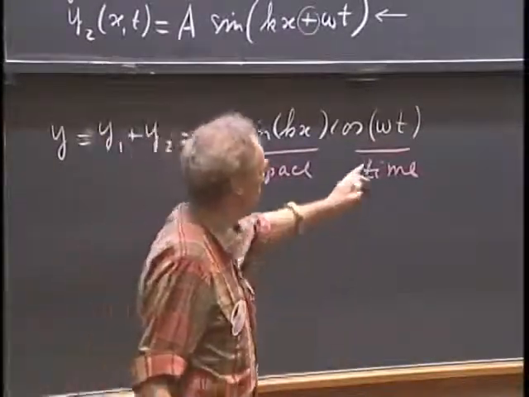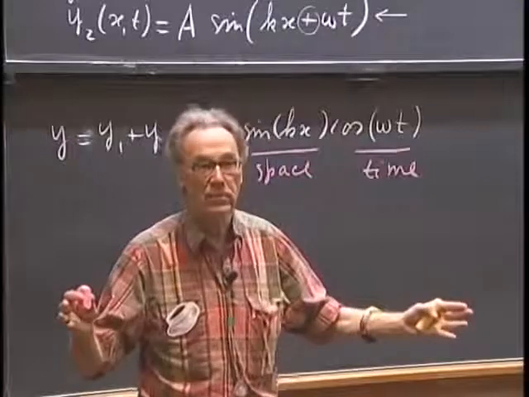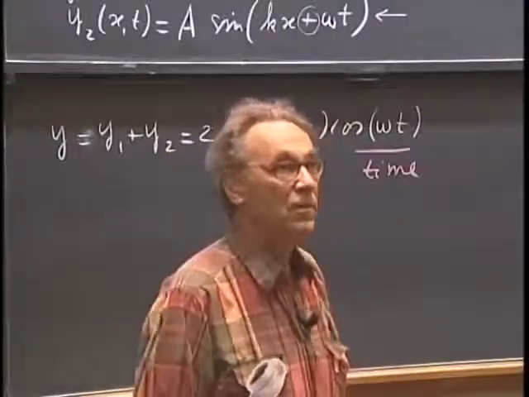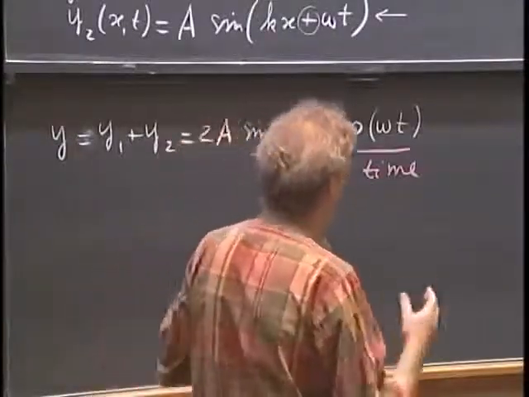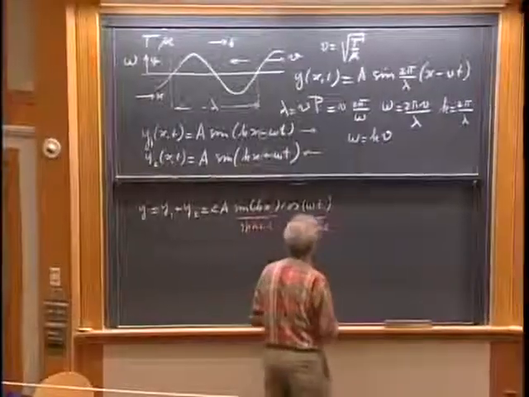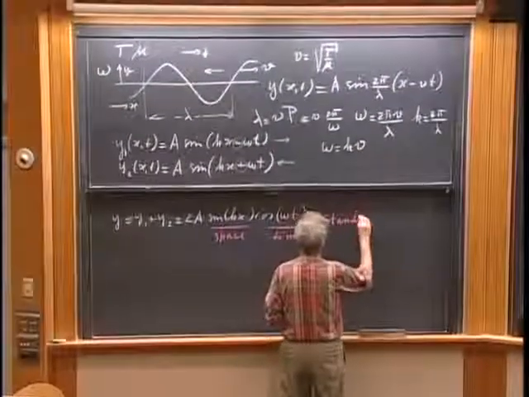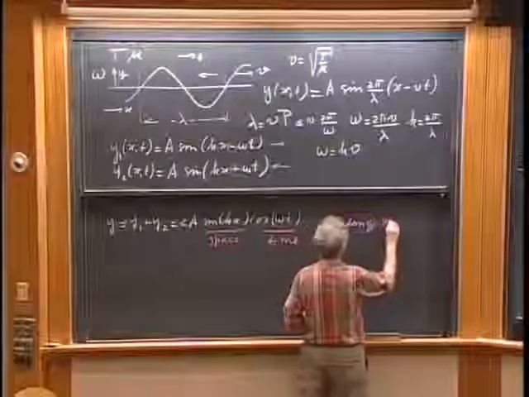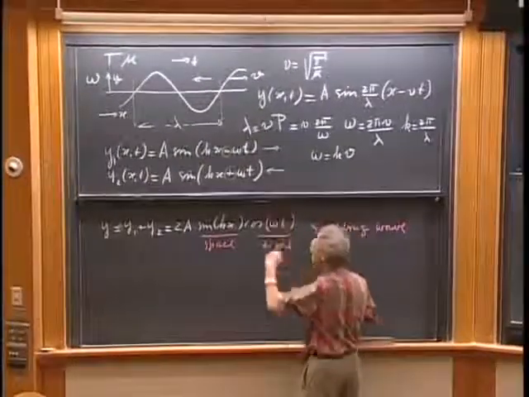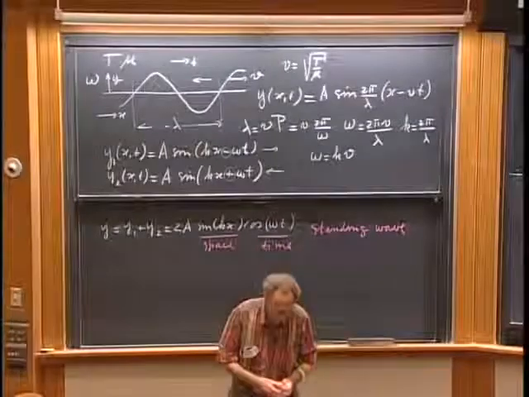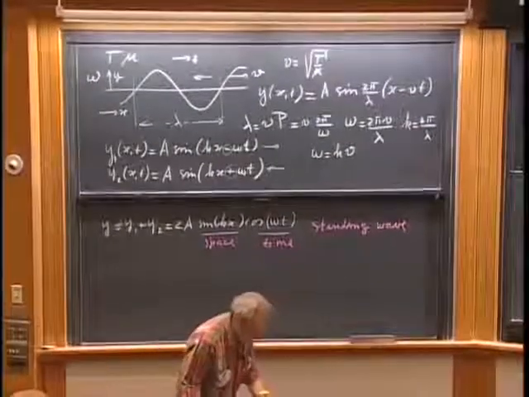The cosine omega t could never make it move. It always stands still. We call those nodes, and I will show you some examples. This has a very nice name. It's called a standing wave, whereas those that I have there, we call traveling waves.